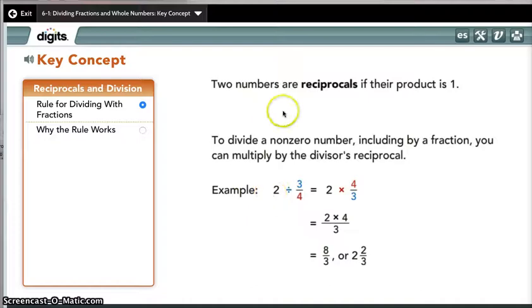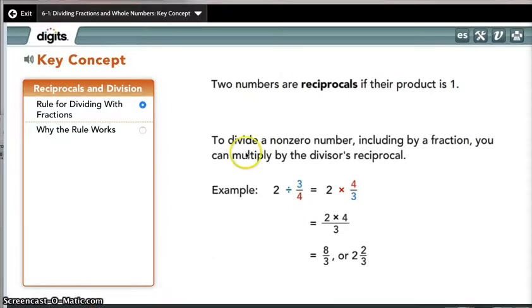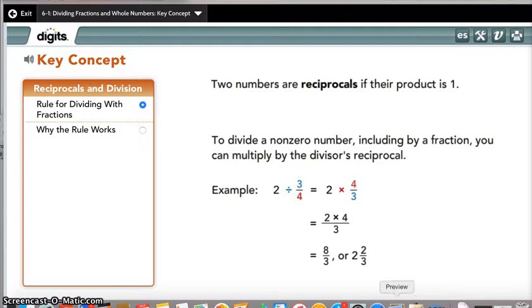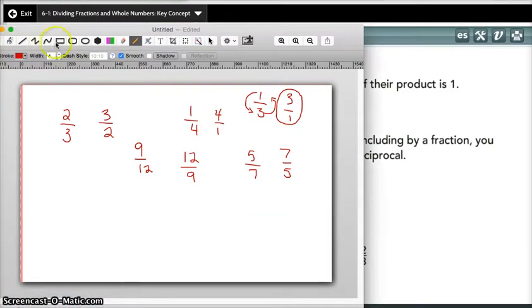So it says to divide a non-zero number, including a fraction, you can multiply by the divisor's reciprocal. That's a lot of math vocabulary, so let's go ahead and break that down. And just so you know, I'm already at 13 minutes, so we're going to have a second video for this, just so we don't have to rush too much at the end of this. So go ahead and find that video when this one is over.